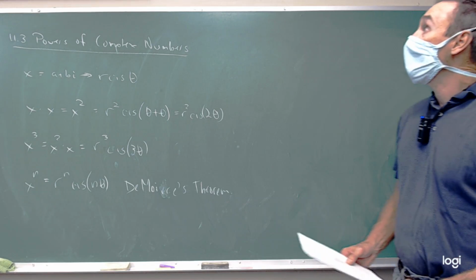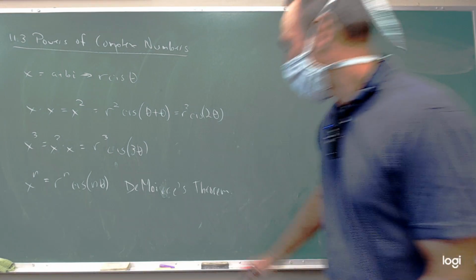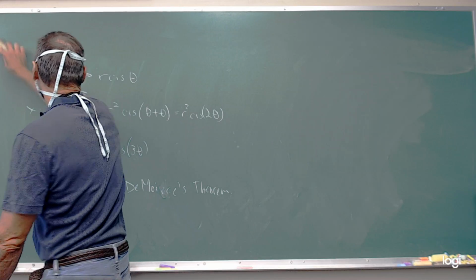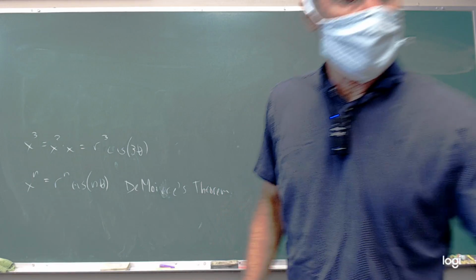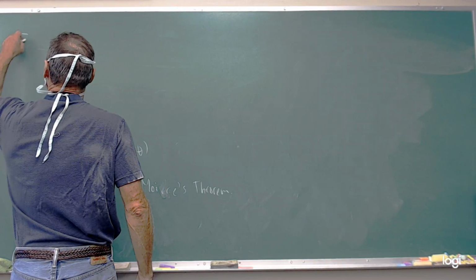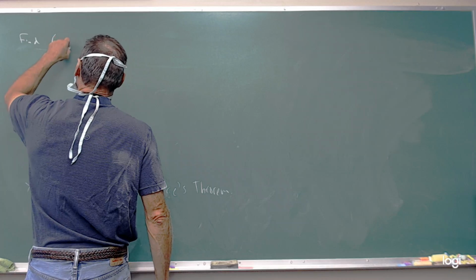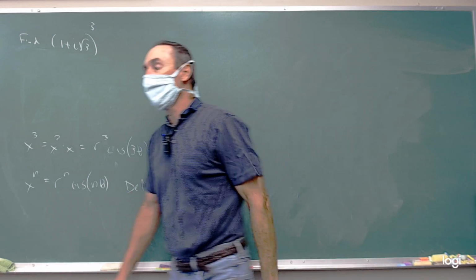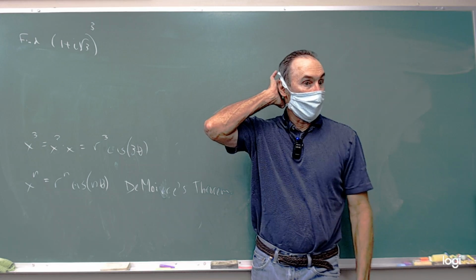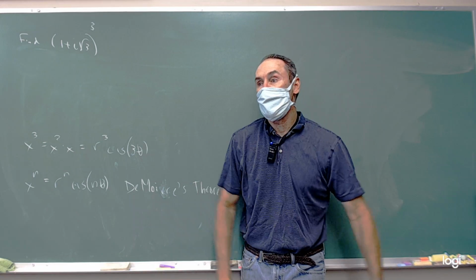Okay, so let's do an example. We'll take a number that's in rectangular form, 1 plus i square root of 3, and find it to the third power. You probably had to do a problem like this last year in AP Prep.